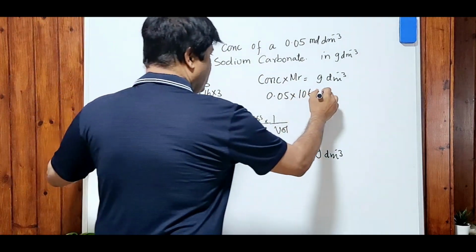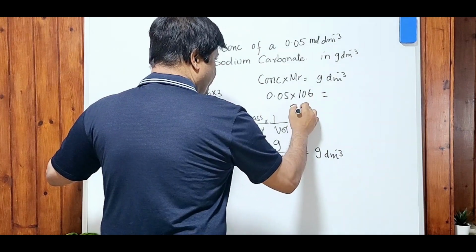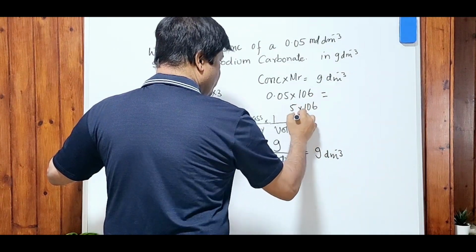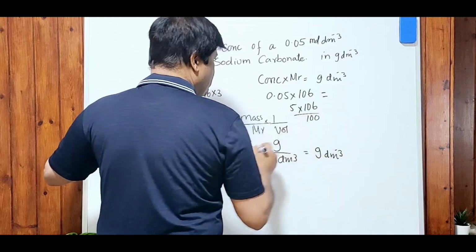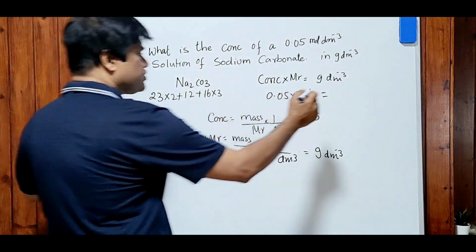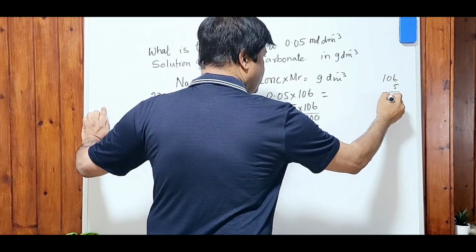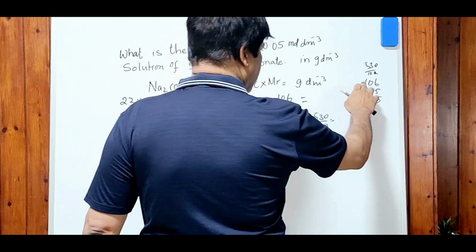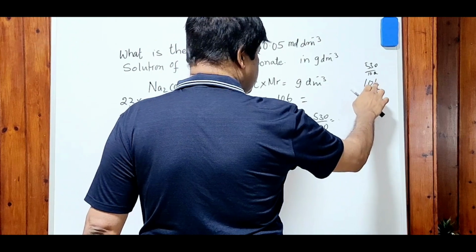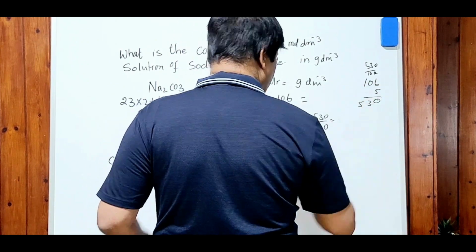So 5 times 106 divided by 100. How much is 5 times 106? 106 times 5 is 530.